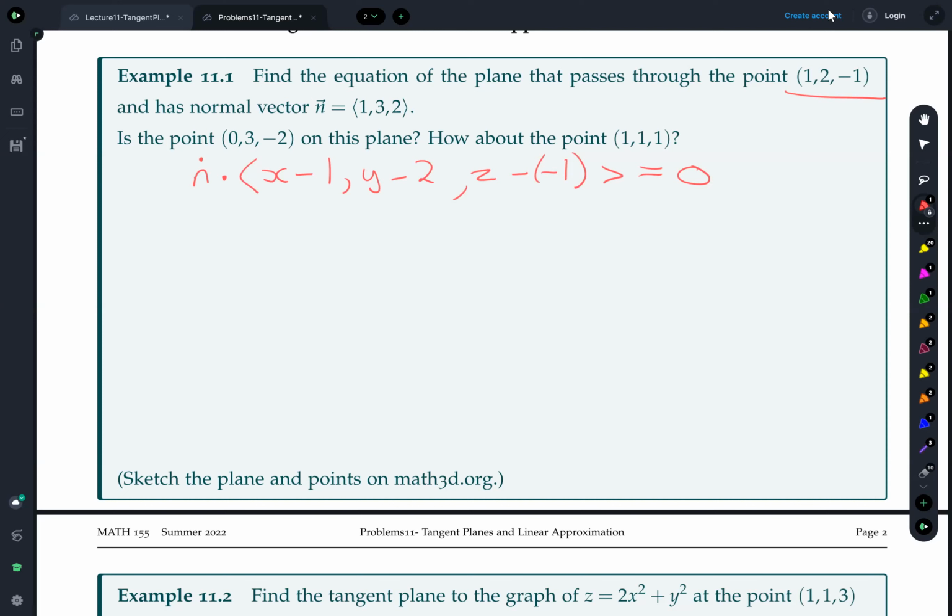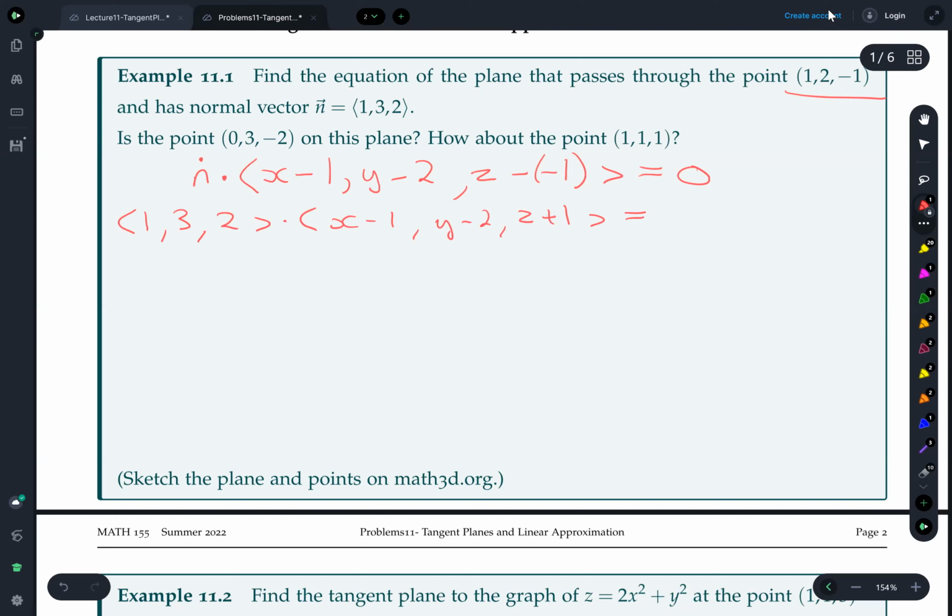Okay, so if we want to take the dot product of these things, let's just substitute in n to start with: (1, 3, 2) dotted with (x - 1, y - 2, z + 1). That's going to equal 0. Can anyone remind me how we do the dot product?